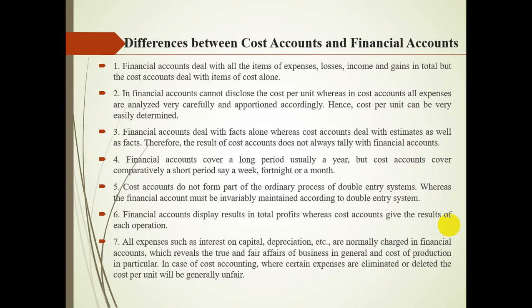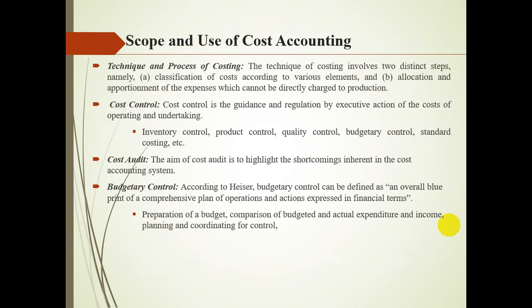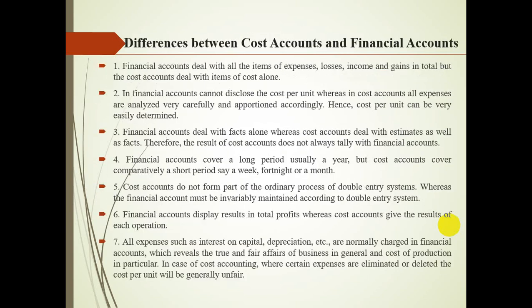The next thing is that when we compare financial accounting and cost accounting, in cost accounting we can eliminate the cost, we can decrease the cost, we can control the cost. That is the purpose of cost audit and cost control that we have.